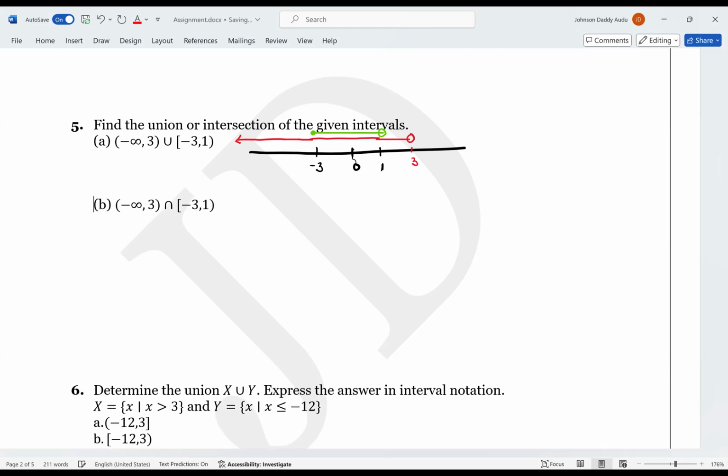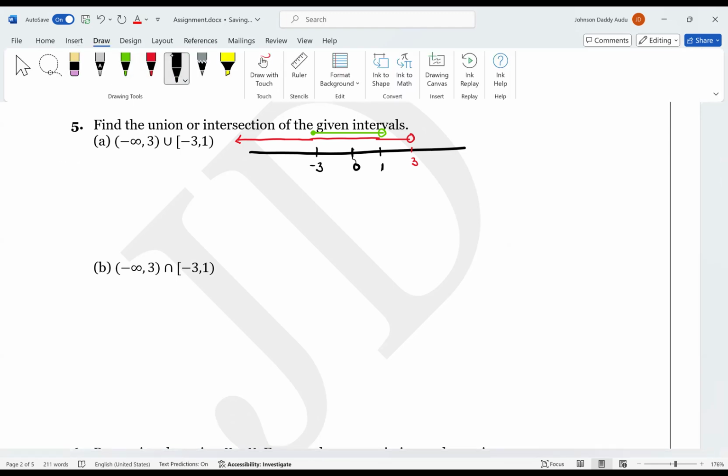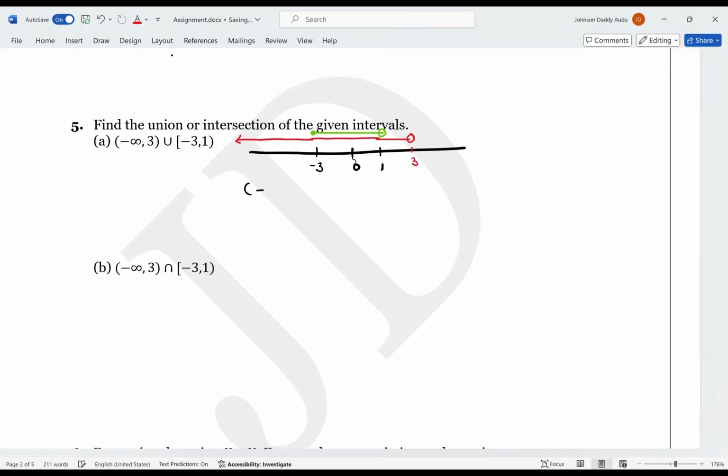So what can we do? If you can see what is in the red, it means you go from minus infinity up to where? Up to 3. And that also includes what? The green portion. So our final answer is nothing but just from minus infinity up to 3 open. So this is the answer.